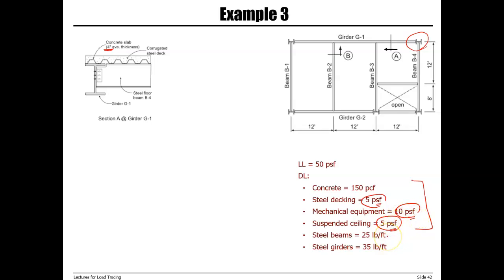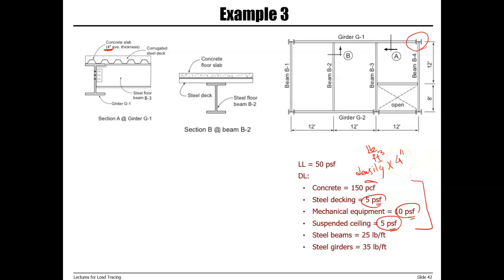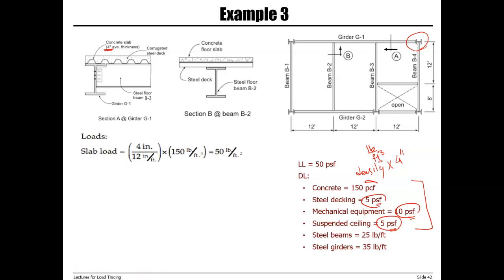So we can add them together, but pay attention that for concrete we have density. So we need to calculate weight per unit area. And in order to do that, you just need to multiply density of concrete by thickness. And since the density is pound per cubic feet, we have feet here, we need to convert 4 inches to feet. So we need to divide this by 12.